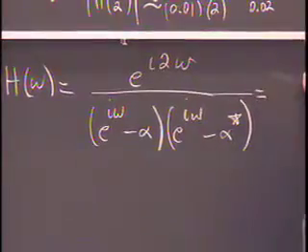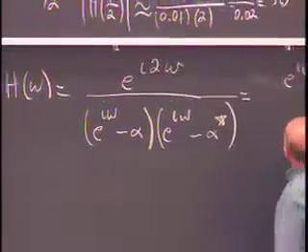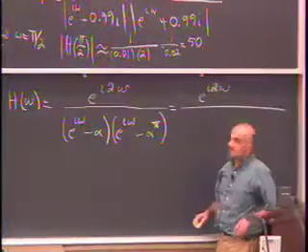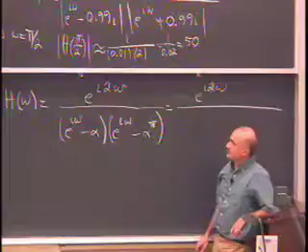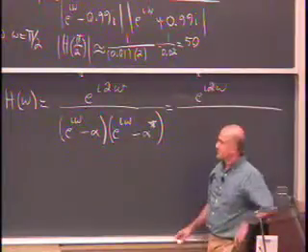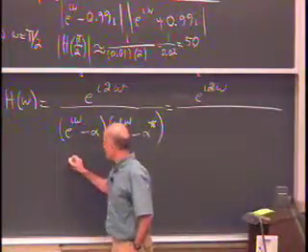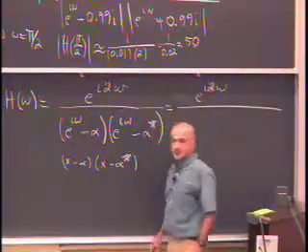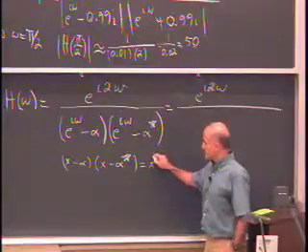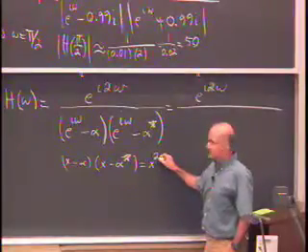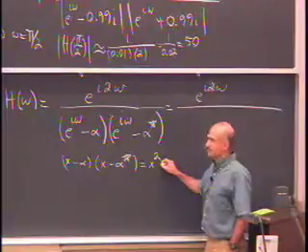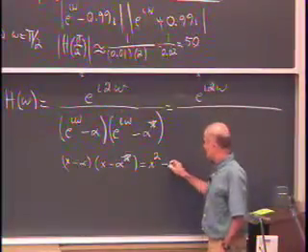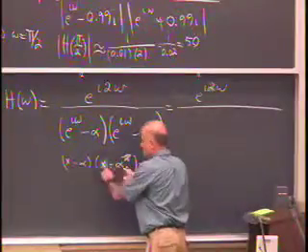What's the denominator polynomial in e to the I omega? You all know how to do x minus alpha times x minus alpha star, right? I hope. What do you get? X squared minus alpha star x minus alpha x.